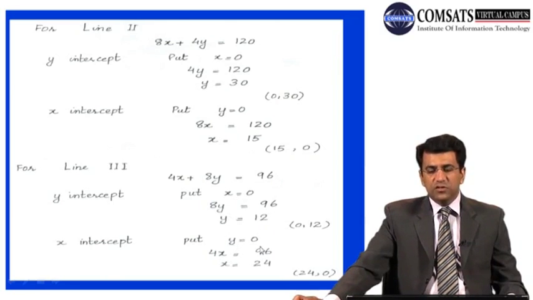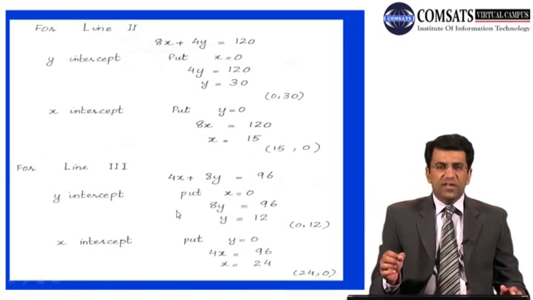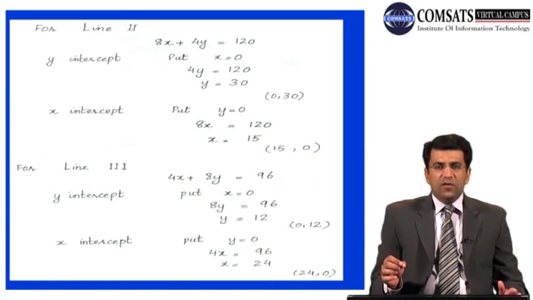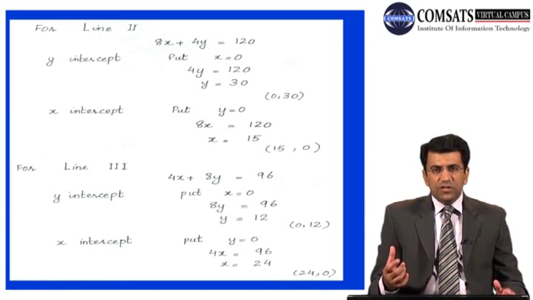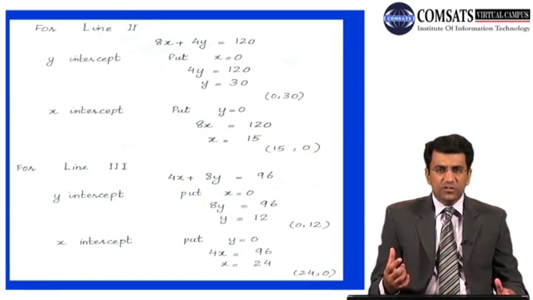By putting y = 0, we get x = 24. For the third equation, the two points are (0, 12) and (24, 0). So by putting the decision variables x and y equal to 0 one by one for all three equations, we get the two different points for each equation.